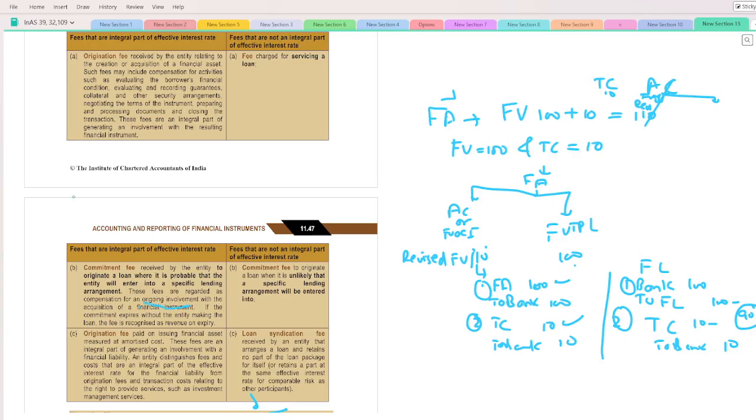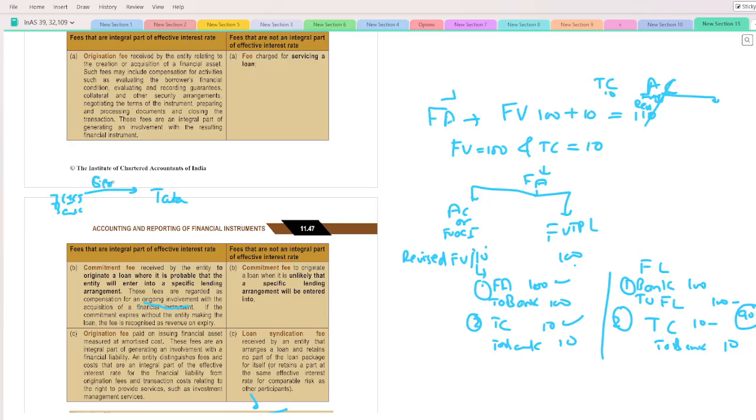The example is like the bank, ICICI Bank, to say Tata company. It has given this commitment, providing the service.